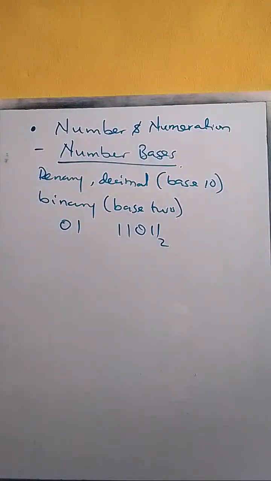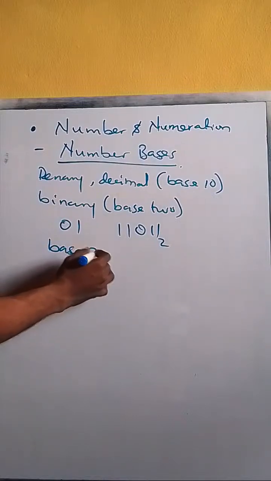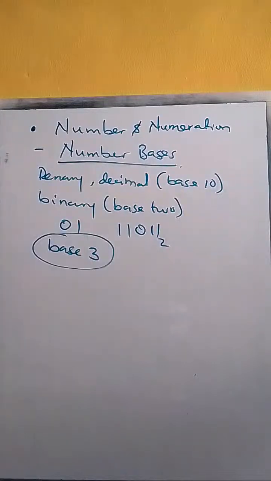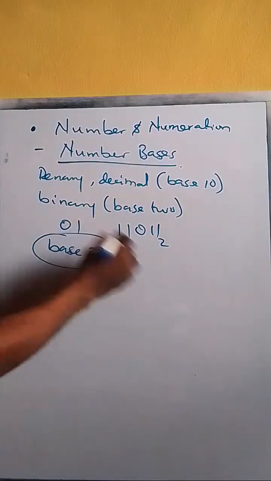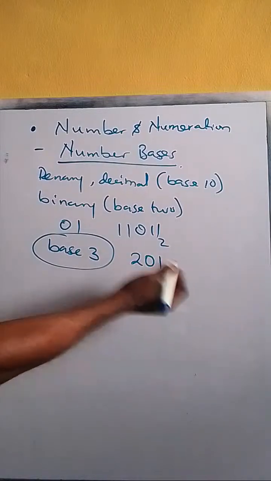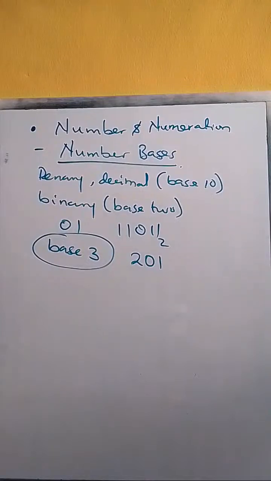And base 3 also, the highest digit in base 3 will of course be 2. So we can't have any digit up to the base you are dealing with. So if you have a number in base 3, you can only have something like 201. You can't have 3 in a number that's in base 3, and so on and so forth.